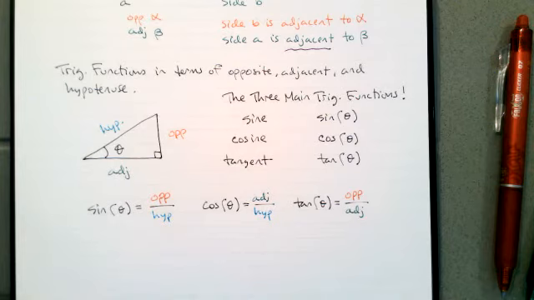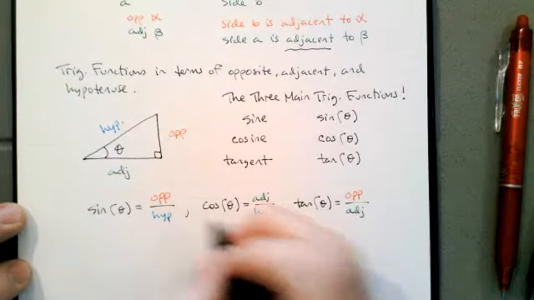So we often say sine is opposite over hypotenuse, cosine is adjacent over hypotenuse, and tangent is opposite over adjacent. These three things we just have to remember forever. You have until now to remember this forever.